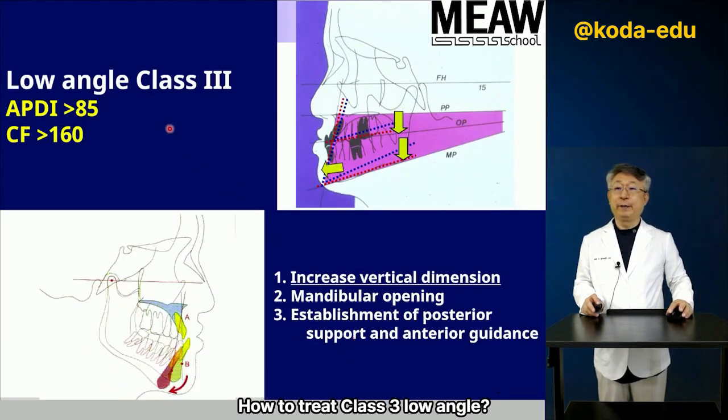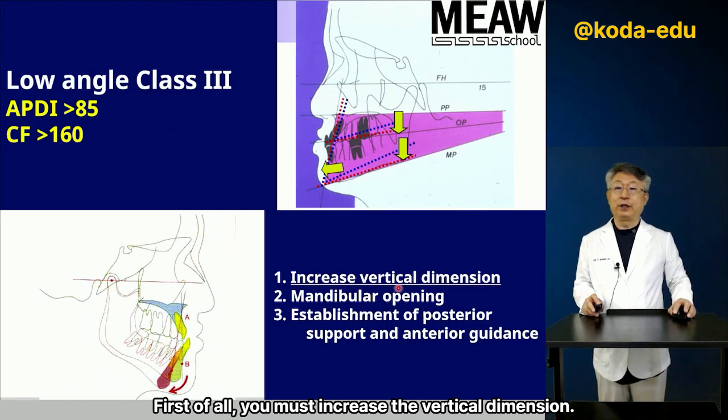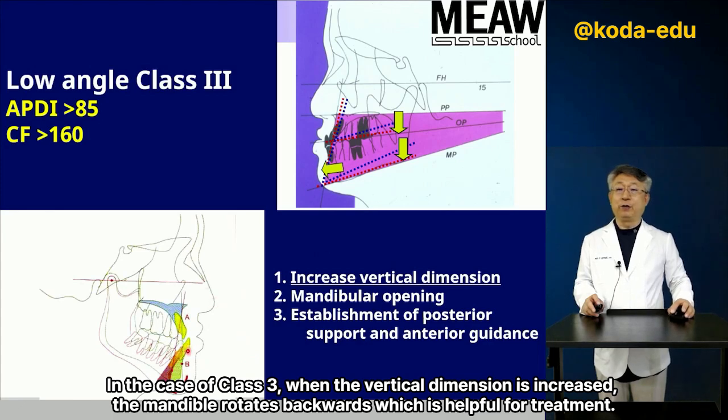How to treat Class 3 low angle. First of all, you must increase the vertical dimension. In the case of Class 3, when the vertical dimension is increased, the mandible rotates backwards, which is helpful for treatment.